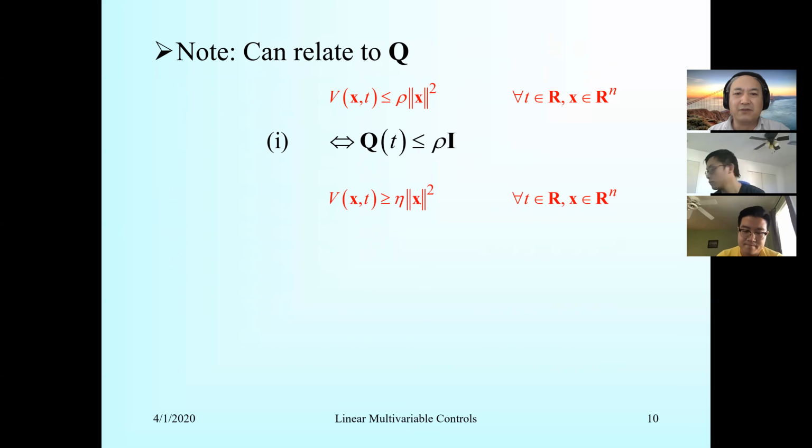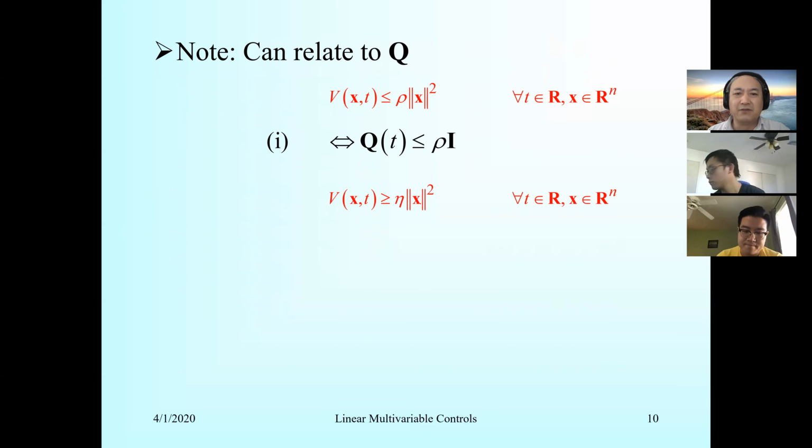Remember, when we say something, this is a matrix, an n by n matrix, less than something, we should understand it as Q minus rho I, moving this one to this side. This is an n by n matrix. This is less than or equal to 0. This is actually called NSD, negative semi-definite.